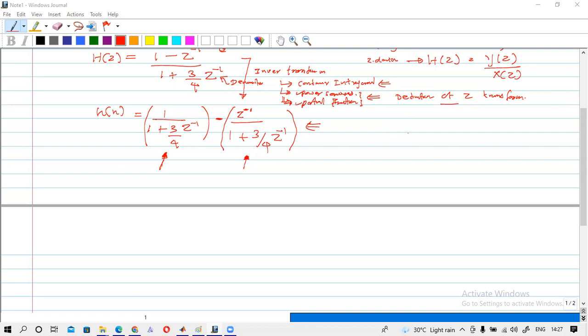The only thing is, you should be able to evaluate the Z transform of this kind of sequence, that will be enough. I am not expecting you to keep remembering this, because there is no need.